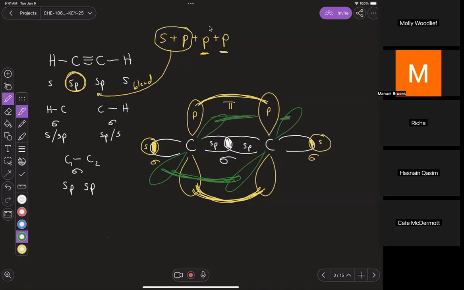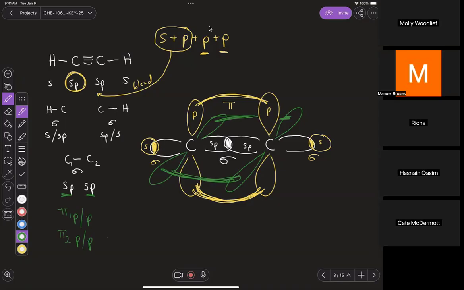So for my sigma bond, sp to sp, and then for my pi bond, p orbital to p orbital, for my first pi bond and for my second pi bond, still p orbital to p orbital. So in a bond, we have one sigma.